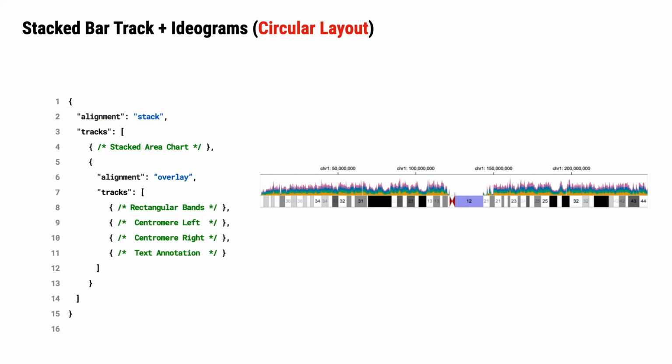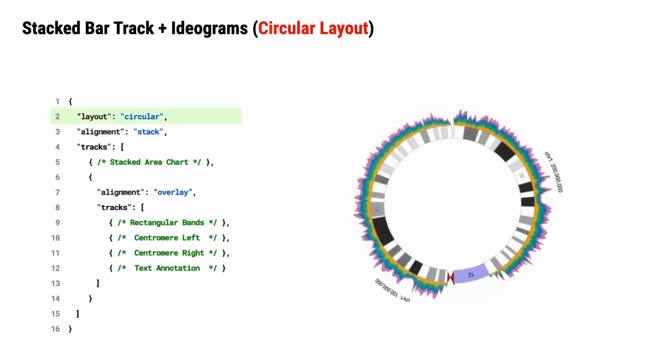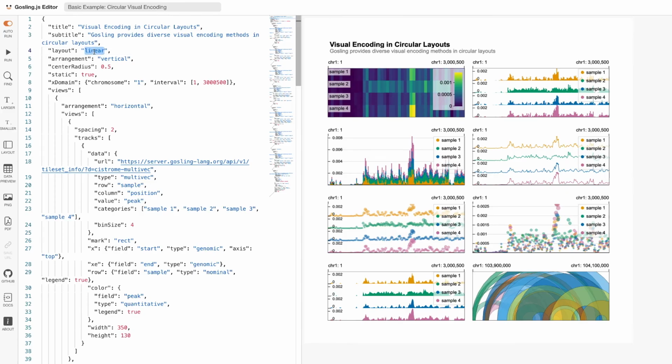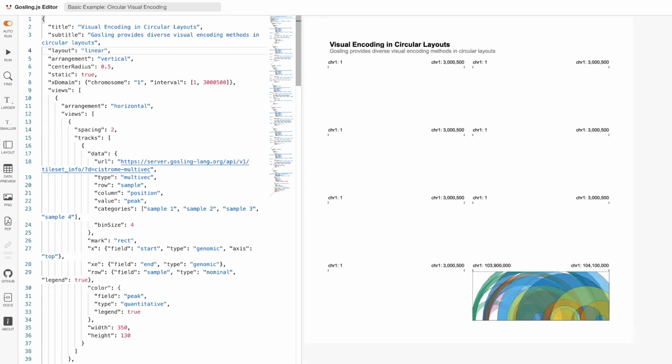As radial visualizations are very common in genomics, Gosling allows drawing circular visualizations. This is possible by only adding a single line of spec to specify layout. Whenever users change the layout option, visual marks and encodings are transformed to generate corresponding radial visualizations.